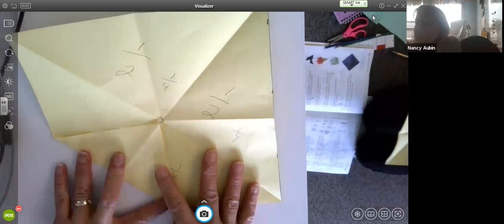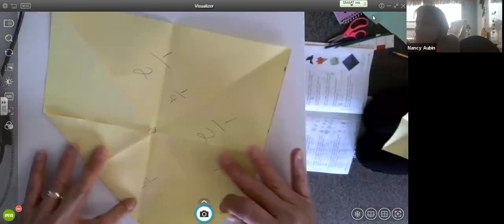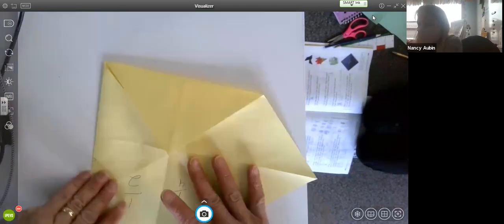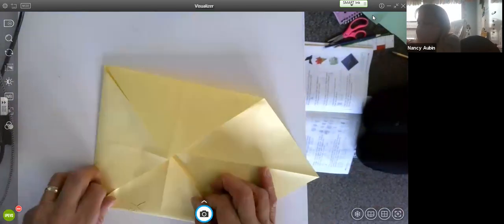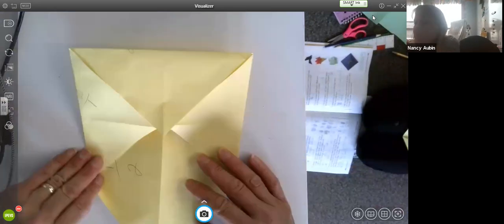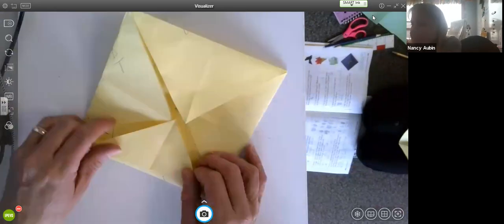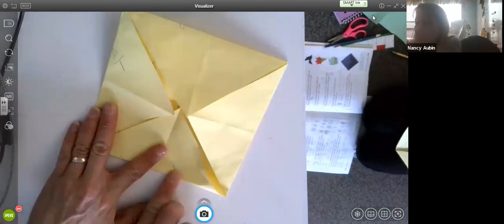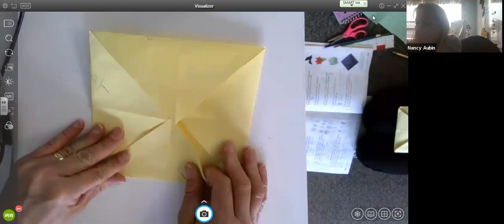You're going to fold all your corners in. And guess what you're going to make? What shape is that going to make? A square. Well, we had a triangle before.